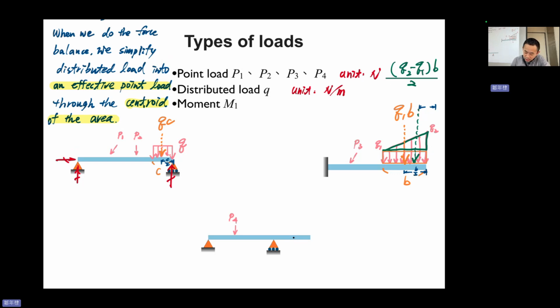The centroid of the triangle will be at B over 3. Sorry, I will make it bigger. All right, can you see that?